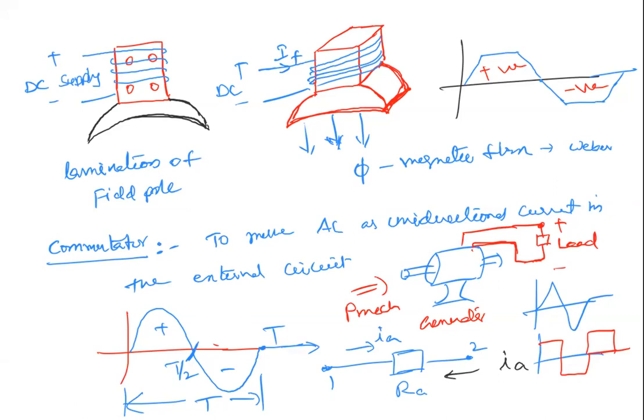We use the commutator with brushes; commutator alone will not work. I will explain that. The commutator is also called a mechanical rectifier. Its function is to make the alternating current induced in the armature winding a unidirectional current.